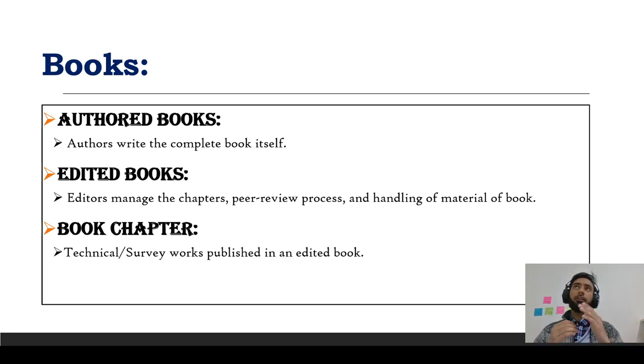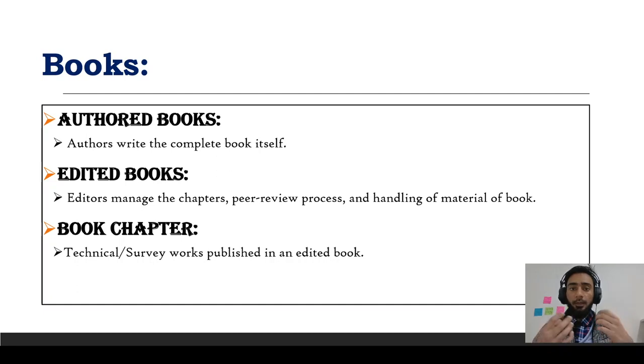Edited books is, for example, if an editor wants to write a book over some specific topic, but he does not have the complete workforce that he can write all the book by himself or by his team, he normally edits a book for a specific topic, announces that I am going to write a book about this, and people can contribute to this book.